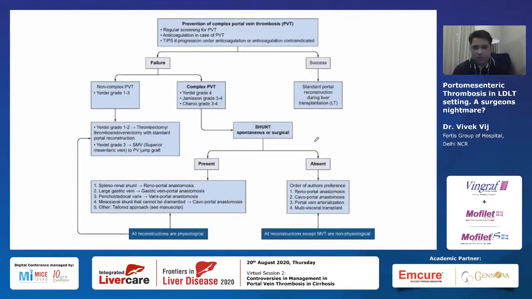I need not go into detail, but this summarizes everything. But generally speaking, we have to resort to physiological inflow reconstruction. If that's not possible, of course, non-physiological reconstruction in the form of renoportal transposition, renoportal anastomosis, or cavoportal transposition has to be done.